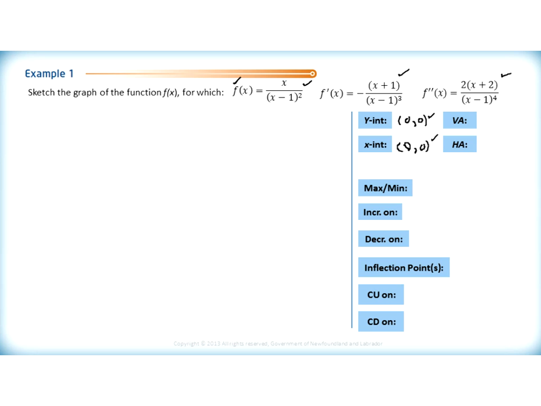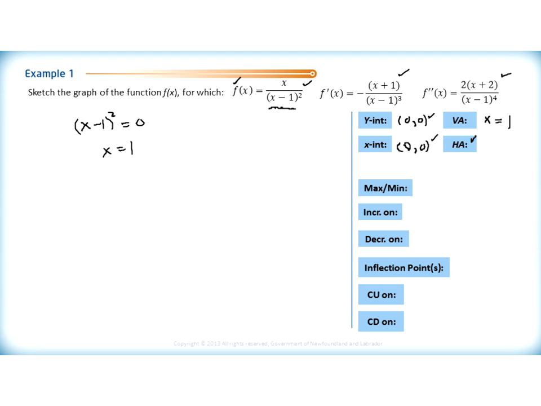So basically, where are there factors that make the denominator equal 0, but don't cancel out with anything from the numerator. Those wouldn't give us vertical asymptotes. They would give us points of discontinuity or removable discontinuities. In this case, if my denominator equals 0, the only way for that to happen is if x is equal to 1. So I've got a vertical asymptote at x equals 1.